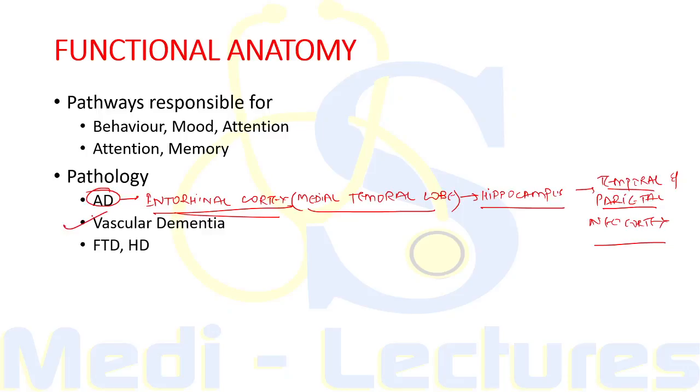On the other hand, vascular dementia is due to focal damage in variable network of cortical as well as subcortical regions. Finally, the frontotemporal dementia as well as Huntington's disease, which involves difficulties with judgment, mood, executive control, movement and behavior, begins with frontal or subcortical regions.